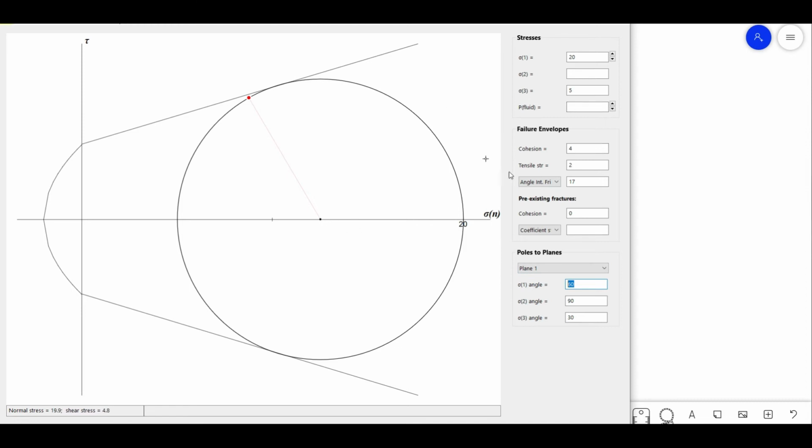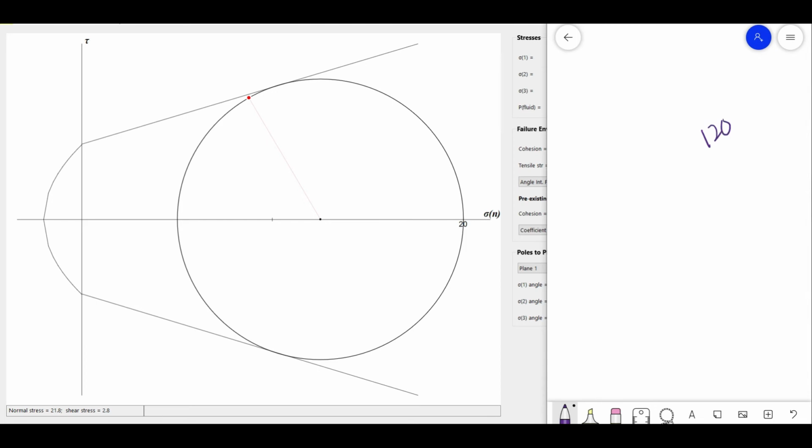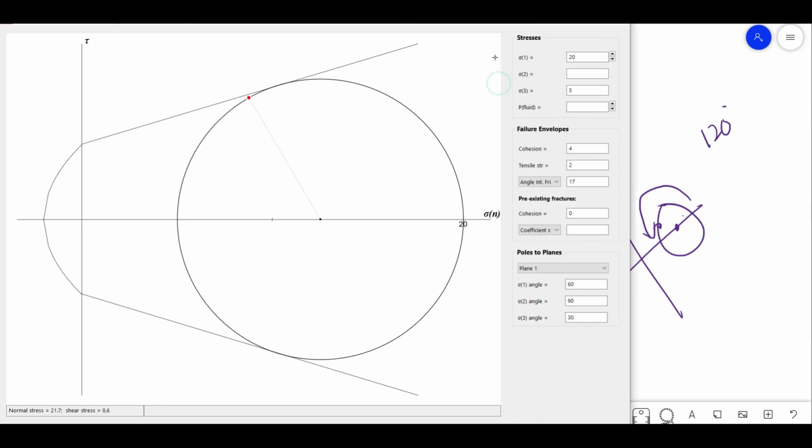Or else we can do it in a straightforward manner: the angle between this point and this point is 60 degree.